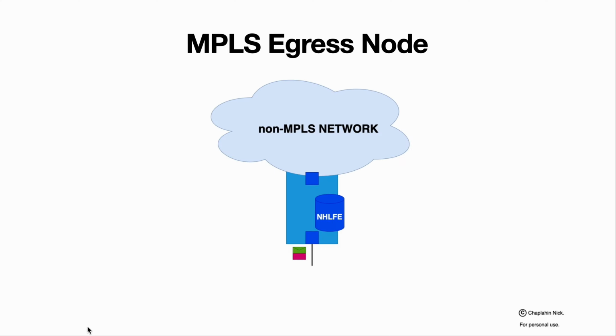And MPLS egress node is the device that stands on the egress from MPLS domain or MPLS-aware network, where we remove label and prepare the frame to be processed by the next hop according to the transport protocol that is used by this next hop, for example, switching or routing or whatever it uses.